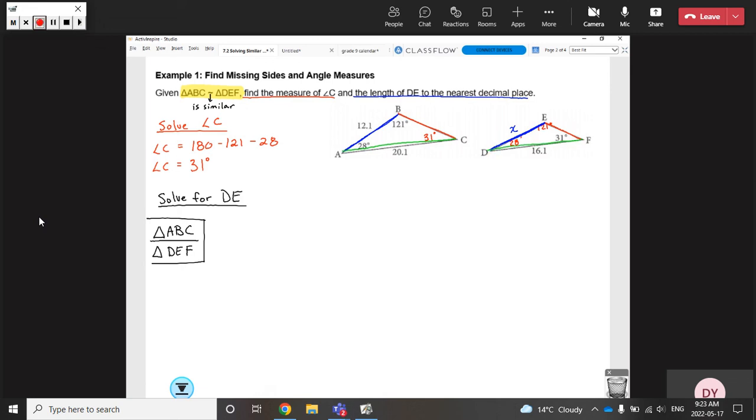Sometimes seeing the color there just makes it a lot more manageable. So side length AB corresponds with side length DE. And the ratio between them is going to be equal to BC over EF. And then we got CA over FD.